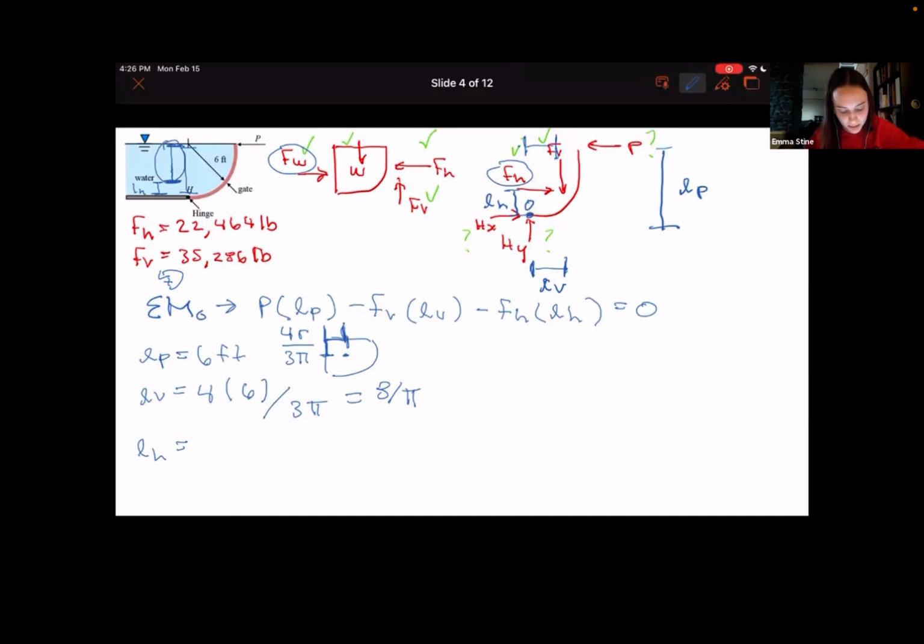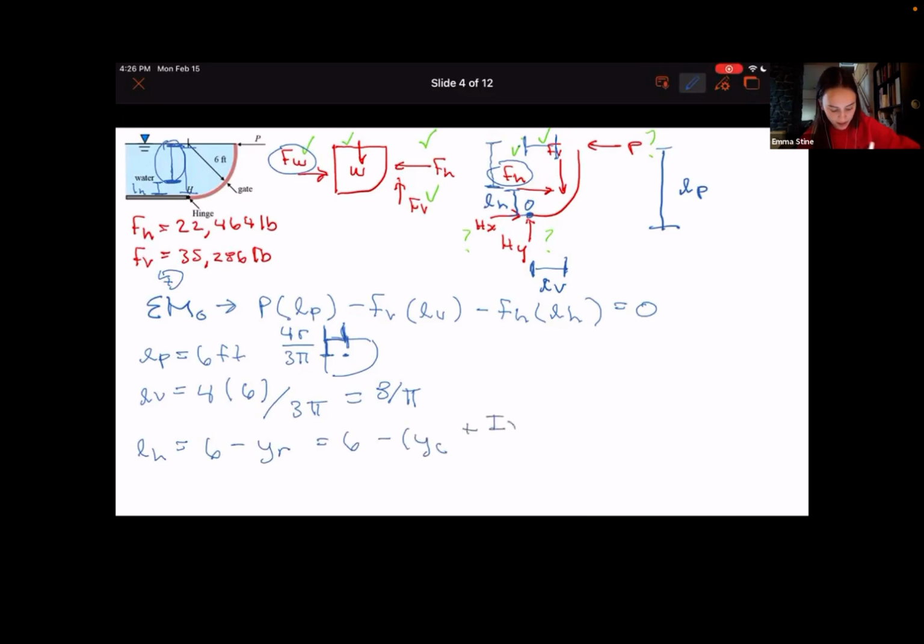We know how to solve for this. So we're going to do 6 minus, and in the notes I think they call it YR. Yeah, it's called YR.